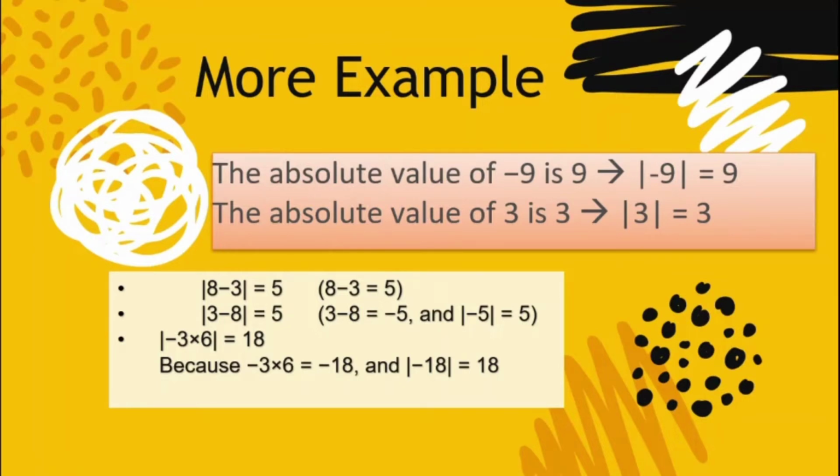And then the absolute value of negative 3 times 6 is 18, because negative 3 times 6 is negative 18, and the absolute value of negative 18 is 18.